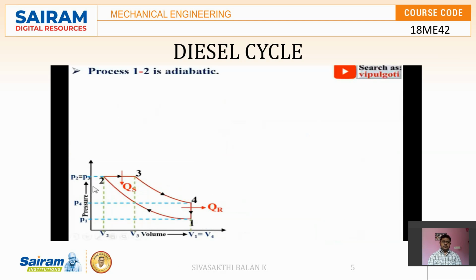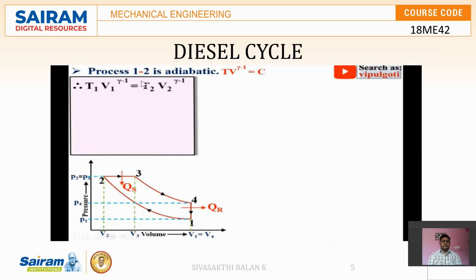So now I am going to consider process 1-2, and you know that 1-2 is the adiabatic process, so I can use this relation T V raised to gamma minus 1 is equal to constant. So I can say T1 V1 raised to gamma minus 1 is equal to T2 V2 raised to gamma minus 1. So here I can say V1 by V2 raised to gamma minus 1 is equal to T2 by T1.